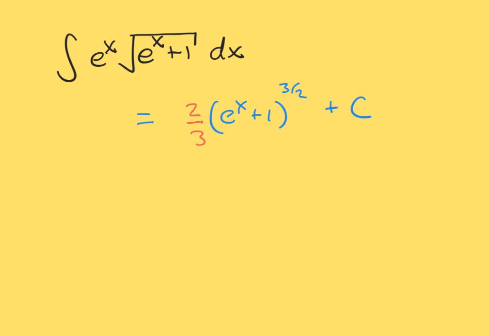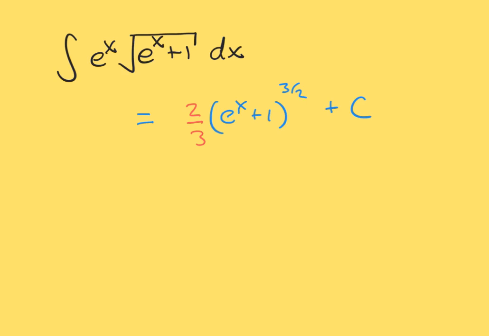So it's going to go from e to the x plus 1 to the 3 halves to e to the x plus 1 to the half when we subtract 1. And that's exactly what we wanted. And then from the chain rule, we would multiply by the derivative of that, which will give us e to the x, and that's exactly what we want. So this is our result for the integral.